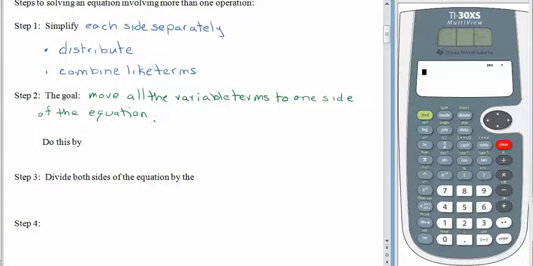And as we do that, we'll then move all of the constant terms to the other side. It doesn't matter which side the variables are on and which side the constants are on. It just matters that we choose and that we separate them. The way we do this is by adding and subtracting things.